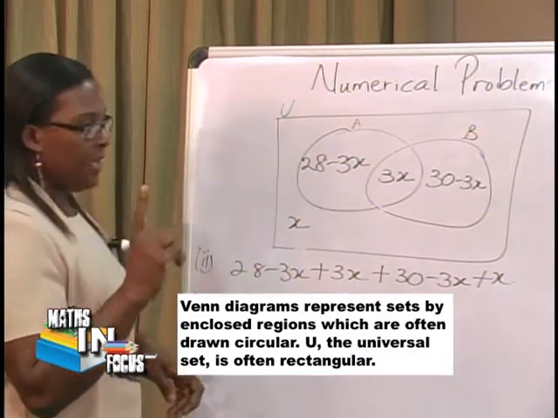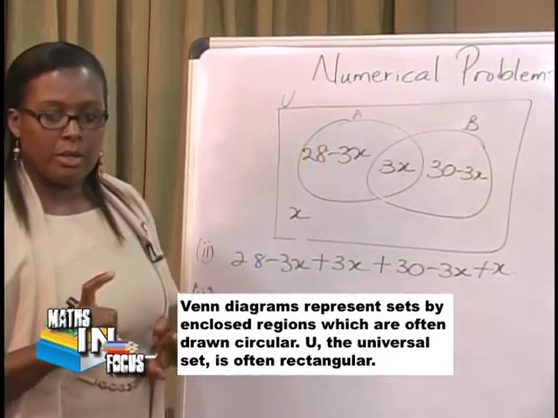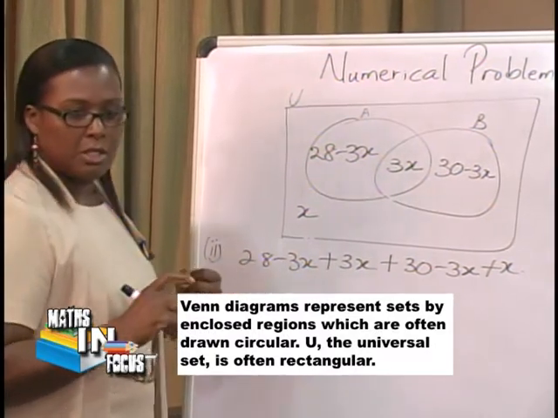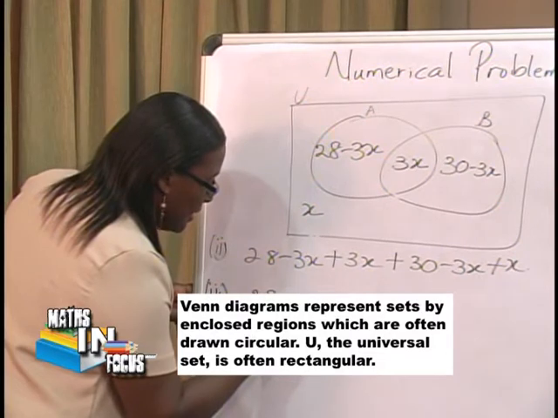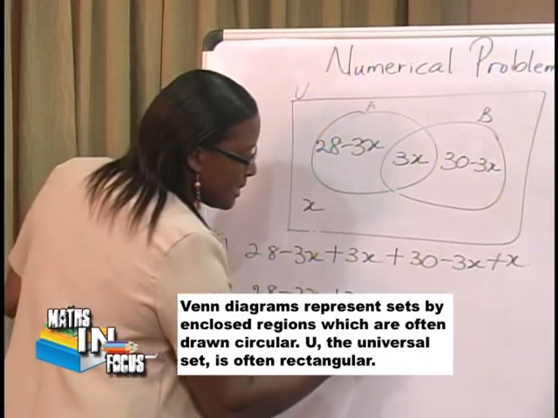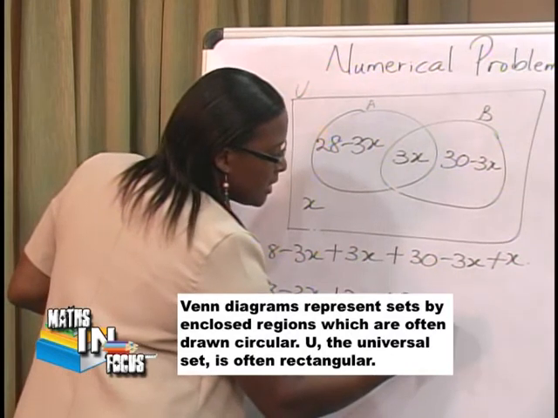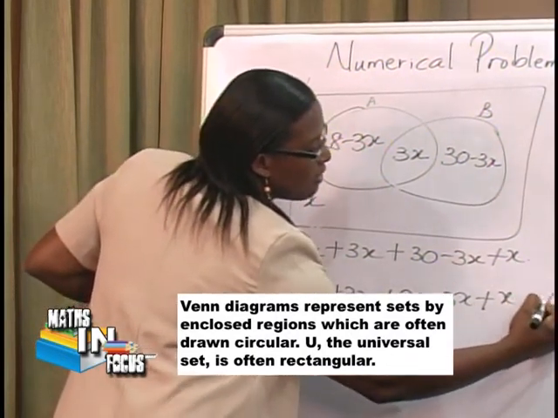To find the value of x, we made use of all those who were interviewed, as well as our expression. So we form our equation. 28 take 3x plus 3x plus 30 take 3x plus x equals 40.